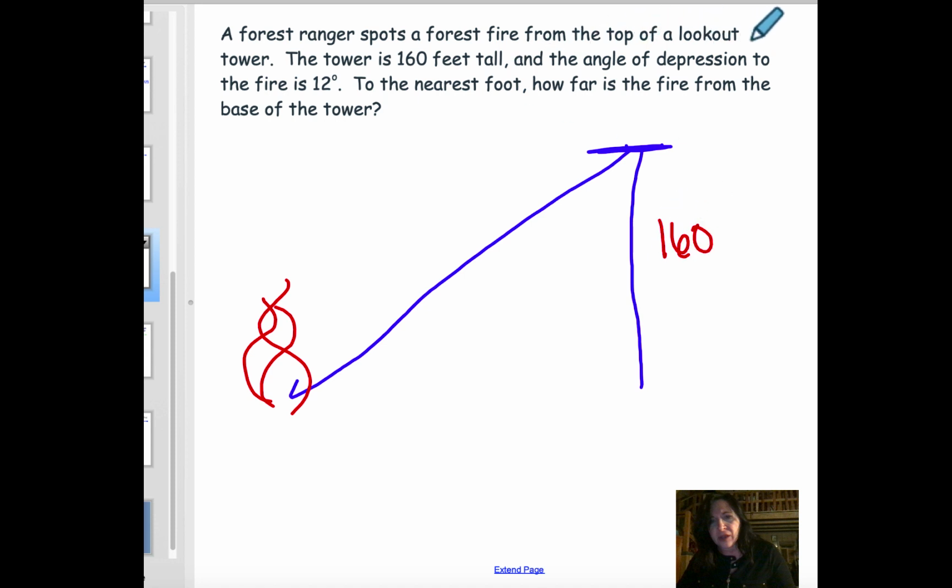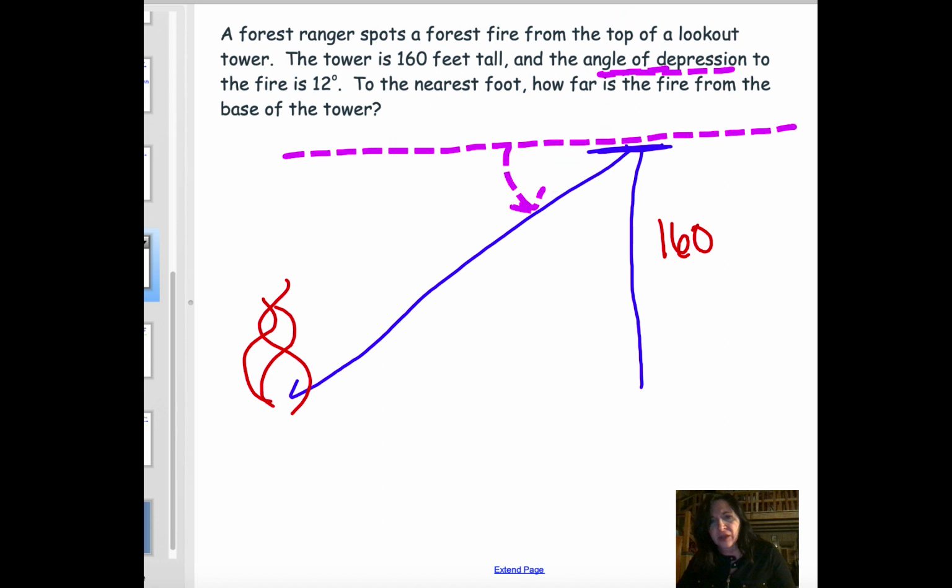The angle of depression to the fire is 12 degrees. So that's a tricky question. What you guys have to understand is that the angle of depression is always based on a horizontal, okay? Which means that this right here is the angle of depression. It's like you're going down.